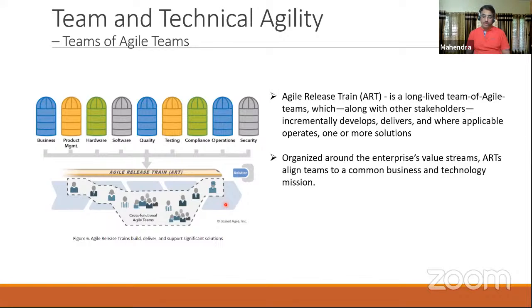They could be reporting into their functional managers, and they could be part of their functional organization in the enterprise, but they belong to a particular value stream. That's how it works. We are not saying that we'll take away the hierarchy and dismantle the whole thing. No, that's not what we are saying here. The team members and the teams catering to a particular value stream belong to that value stream. However, the reporting structure could still be with their respective functional organizations.